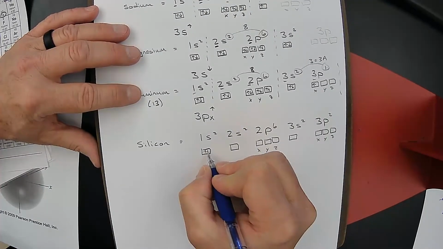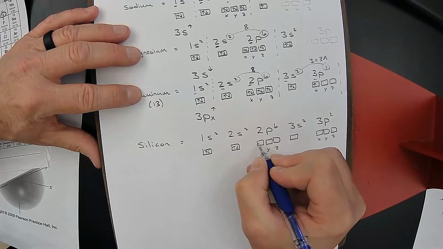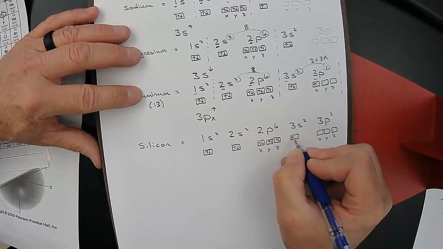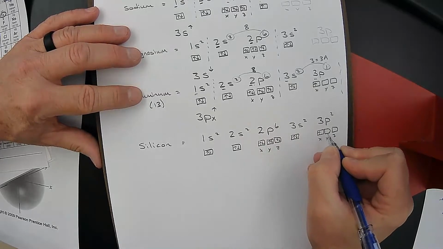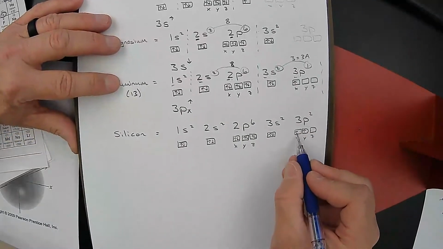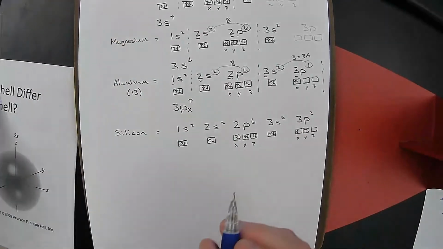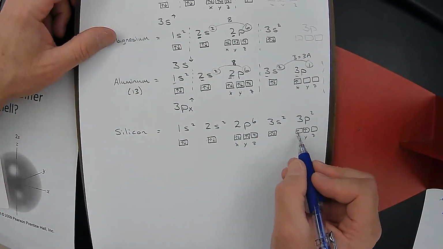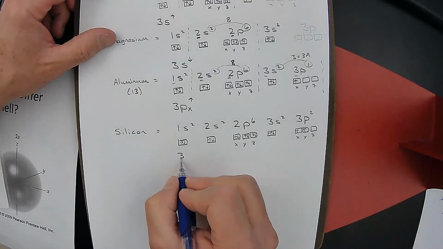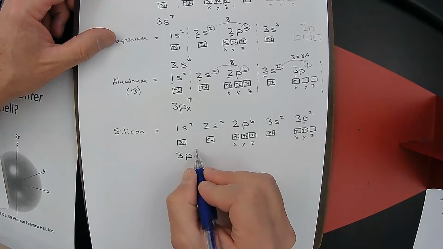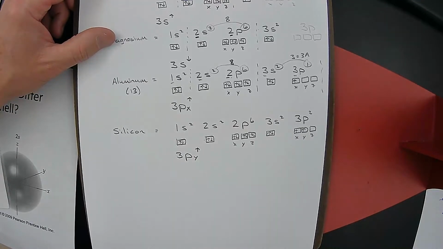As we go through, an up and a down, an up and a down, an up, an up, an up, a down, a down, a down, an up and a down, an up and an up. So 2 electrons here, an up and an up. Remember the rule: each orbital must be half filled before any are completely filled. So the last electron is not the 3px down, it's the 3py up spinning electron.